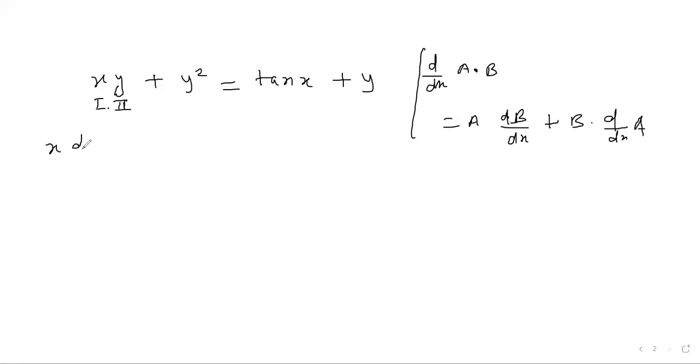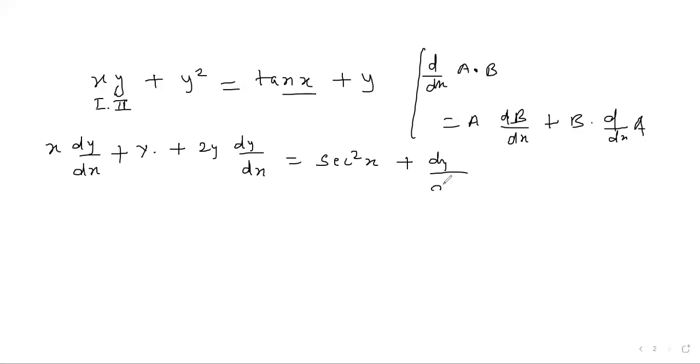So x dy by dx plus y, then dx by dx, that is 1, plus this will become 2y dy by dx equal to tan x will become sec square x and y will become dy by dx. Our concern is to get dy by dx. So all terms that contain dy by dx we can put together.